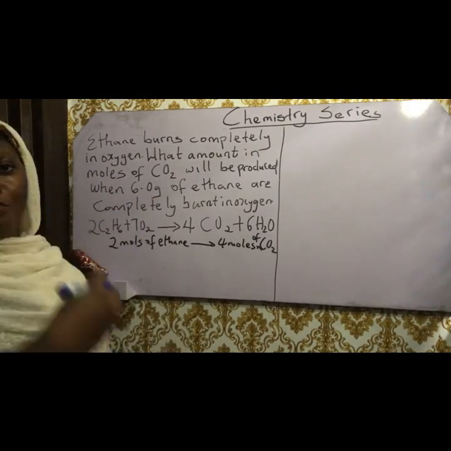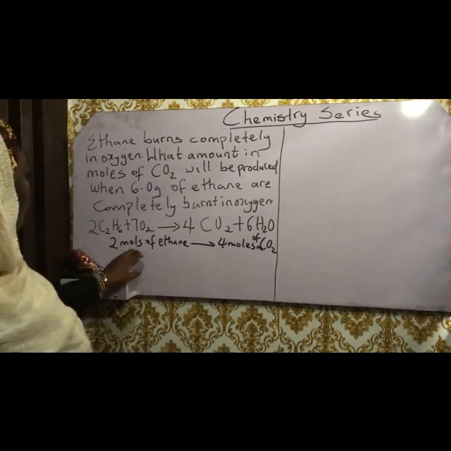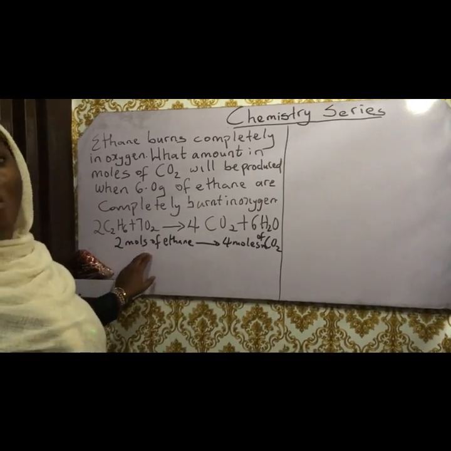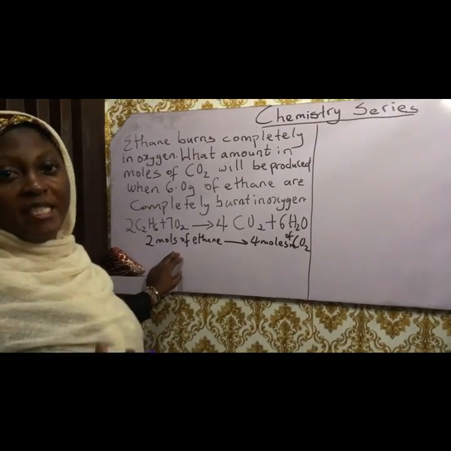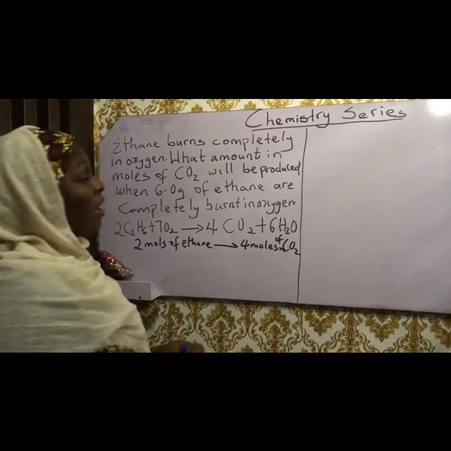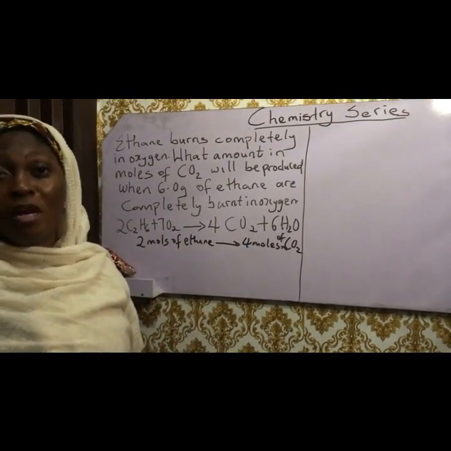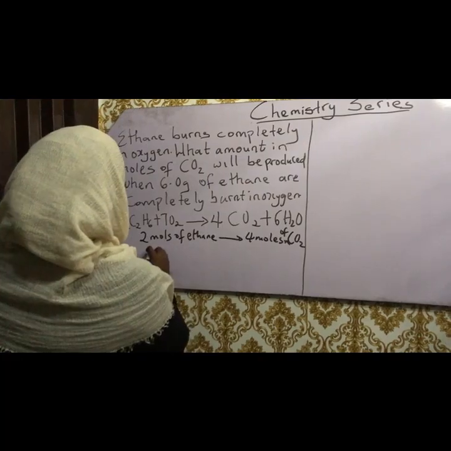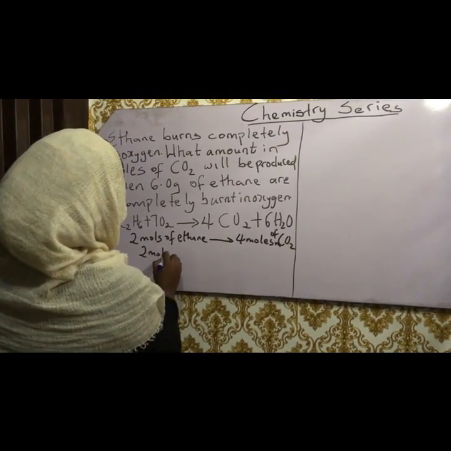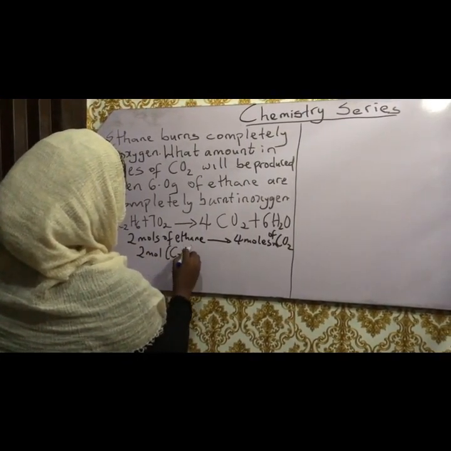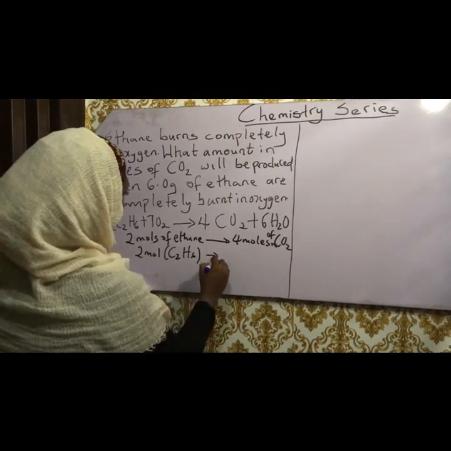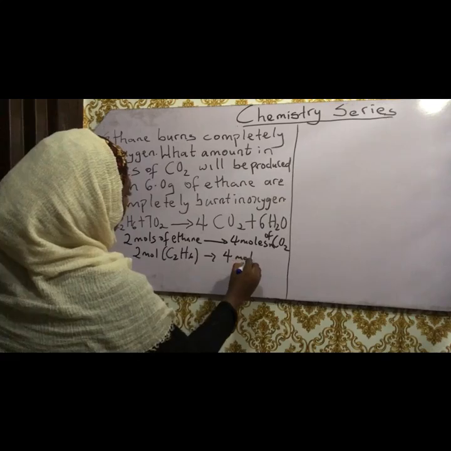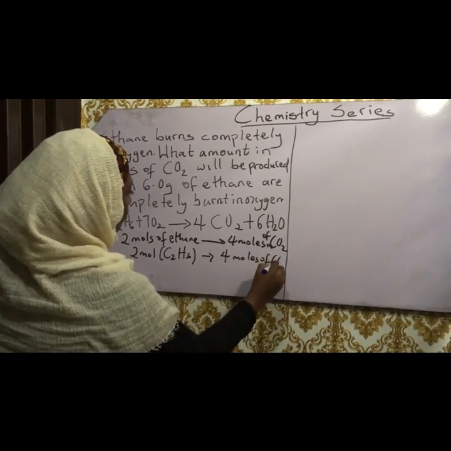Since we have moles from mass, meaning from this equation of reaction, we are going to convert the moles of ethane to mass. And we have learned that to convert moles to mass, you multiply the moles by the molar mass. So, remember, 2 moles of C2H6 give 4 moles of CO2.